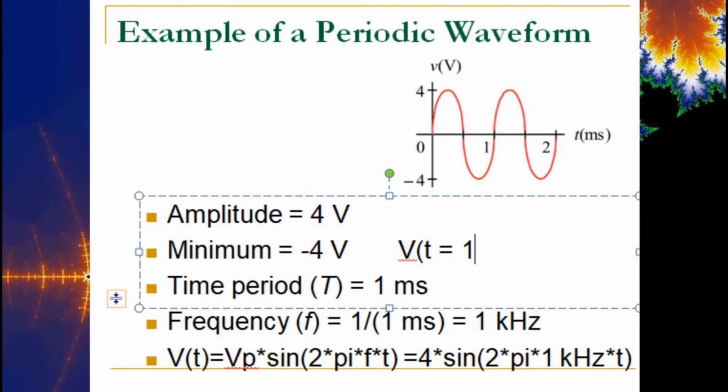So find it at 1.7 milliseconds. Make sure your calculator is in radians. So find the voltage at t equals 1.7 milliseconds. Go ahead and type that into your calculator and tell me what you get.